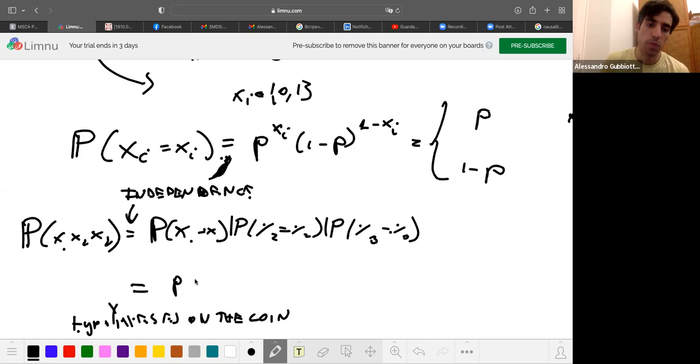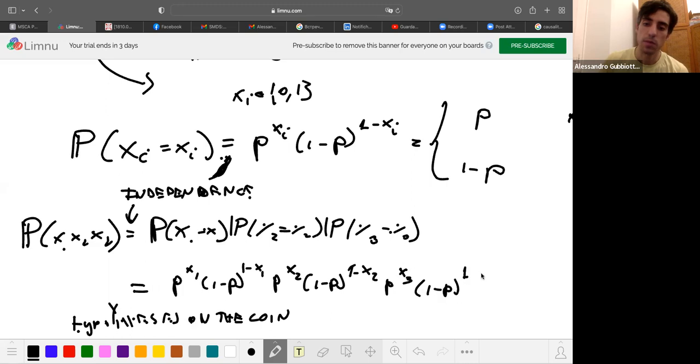So this is equal to p to the power x1 times 1 minus p to the power 1 minus x1, times p to the power x2 times 1 minus p to the power 1 minus x2, times p to the power x3 times 1 minus p to the power 1 minus x3. And this is equal to p to the power x1 plus x2 plus x3 times 1 minus p to the power 3 minus (x1 plus x2 plus x3).